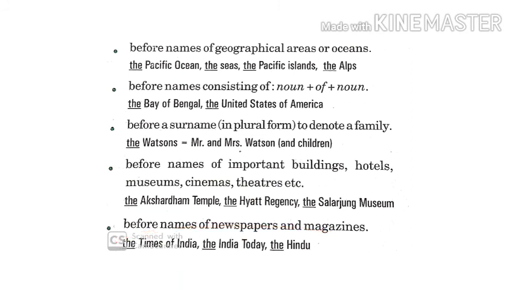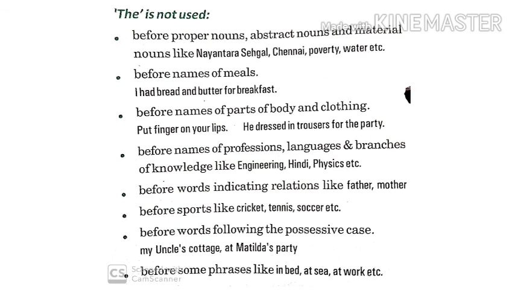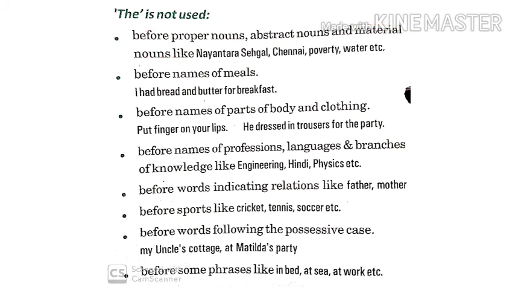So this was the explanation of where the is used, and now I am going to tell you where the is not used. Students, it's very interesting to know that before proper nouns, abstract nouns and material nouns, we do not use the, right? Like Chennai, India. Now abstract nouns, poverty, material nouns, water, we do not say the water, we don't say the poverty.